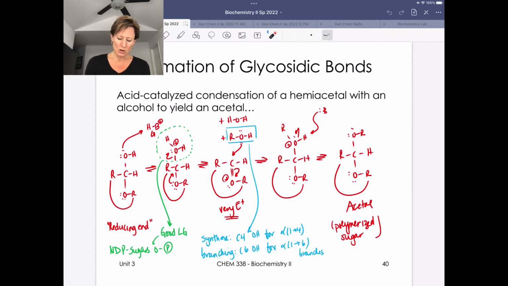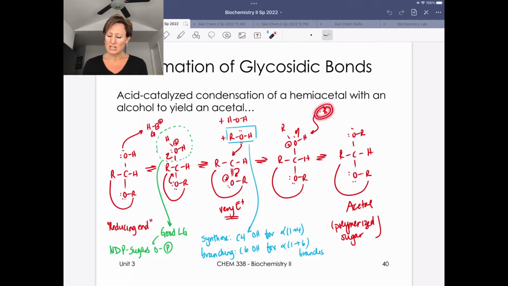Okay, so we want to essentially swap this guy out for an OR. So to make a leaving group, to make a bond break, we protonate it, make it be a good leaving group. It gets pushed out by an internal nucleophile there. And now we're going to have a very electrophilic intermediate that's going to have our alcohol come in.